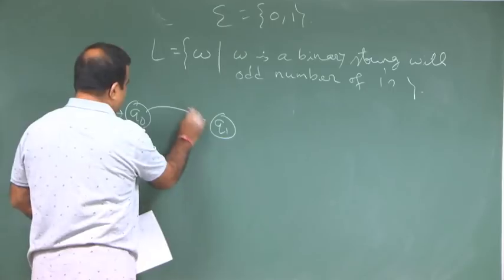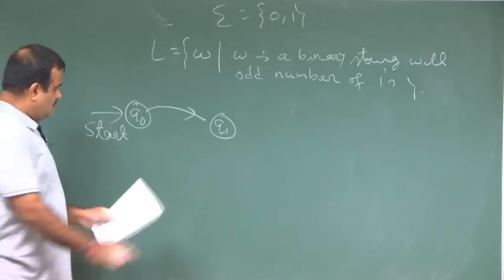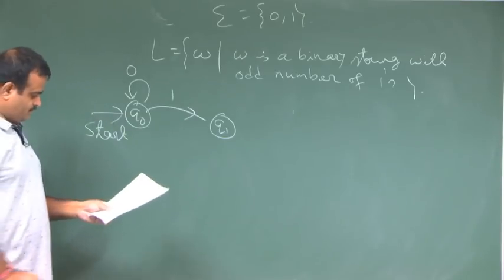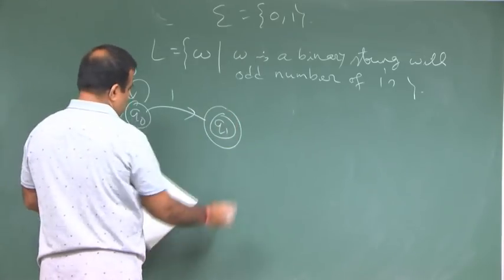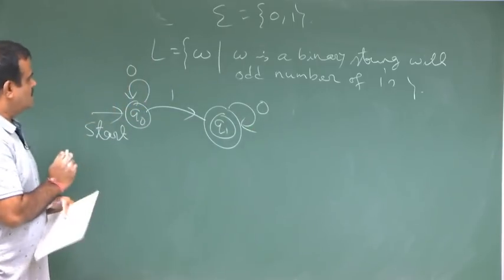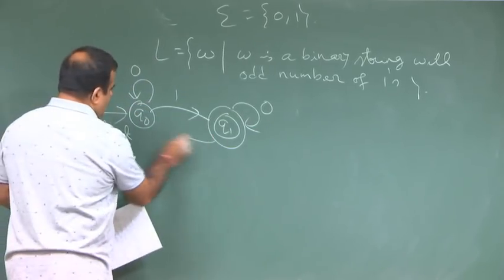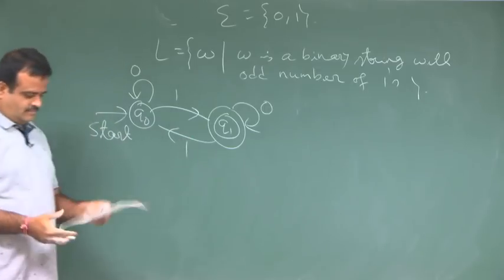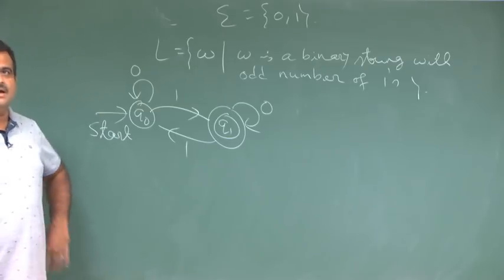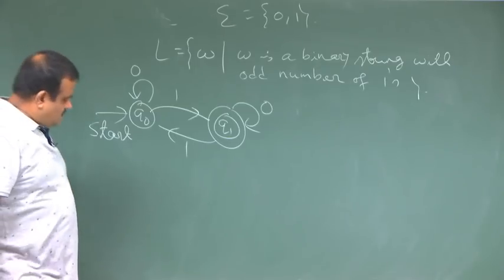From here, if we take input 1, we go to Q1; if we take input 0, we remain at Q0. From Q1, if we take 0, we remain at Q1, and if we take a 1, we have to come back here. Okay, a very simple DFA.